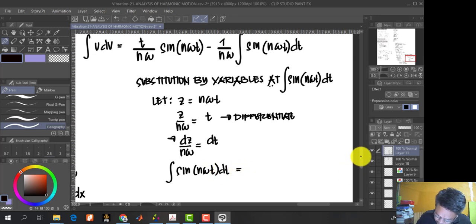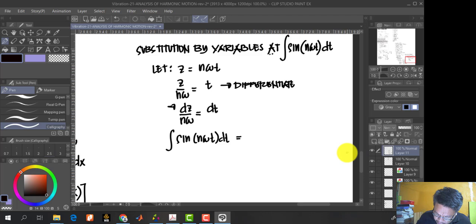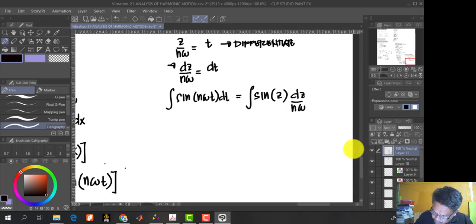So by means of substitution, I can write that as sine, times n times the angular velocity times time. So again, this is the value of z. So I can write that as z, and the value of my dt, this one will be dz all over n times the angular velocity.